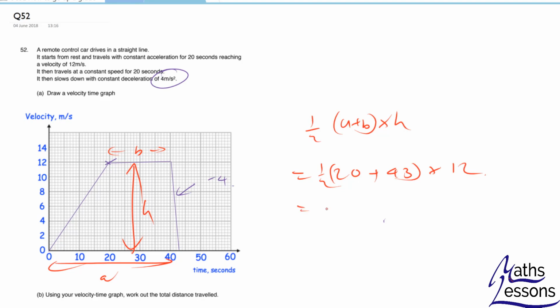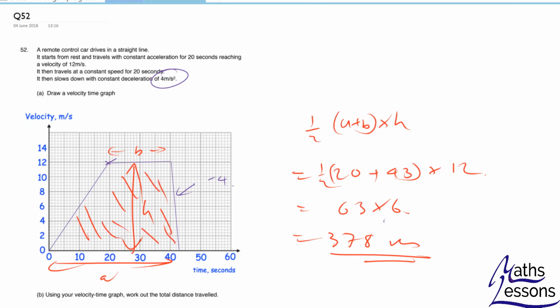So we're going to end up with 63 times 6. So that's going to give me 378 meters travelled. Do remember the area under the velocity time graph is equal to the distance travelled.